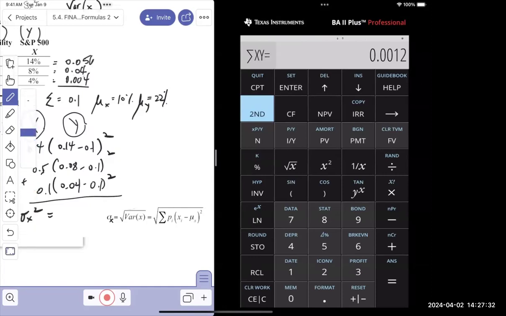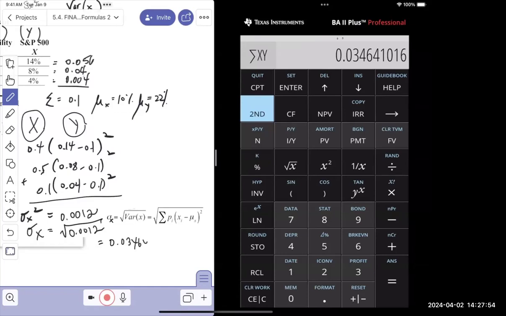So the variance is 0.0012. You can get the standard deviation by taking the square root, which is 0.0346. Usually just follow the directions on how many decimal places I want you to hold, but that should be fine.